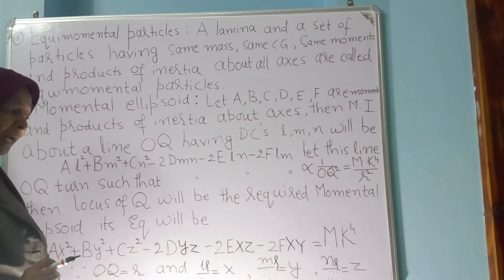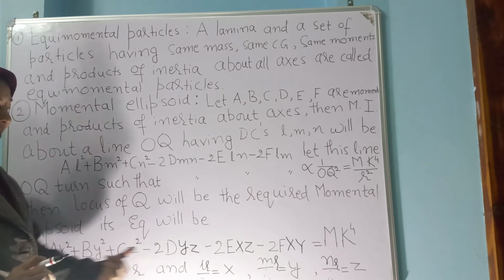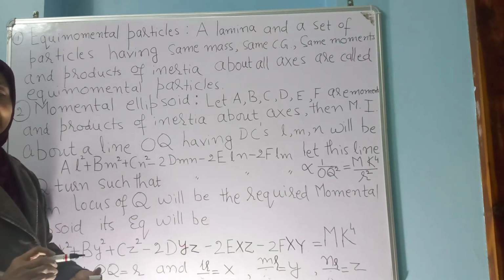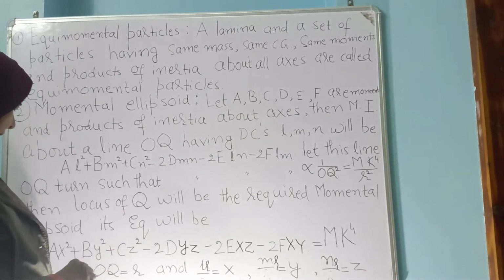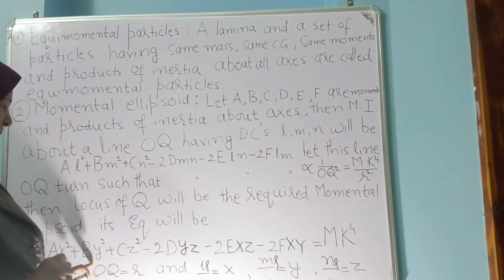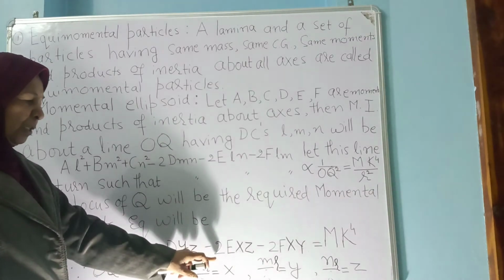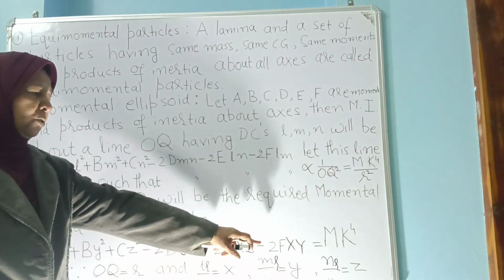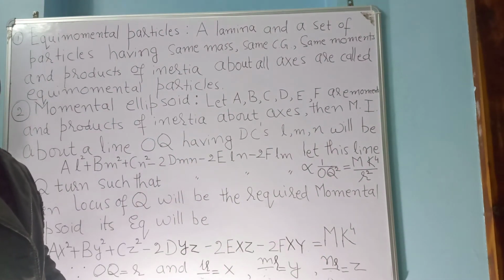Now you are familiar with this equation. This is nothing but the momental ellipsoid. So the momental ellipsoid is A x square plus B y square plus C z square minus 2D y z minus 2E x z minus 2F x y is equal to M k to the power 4, which is a constant.